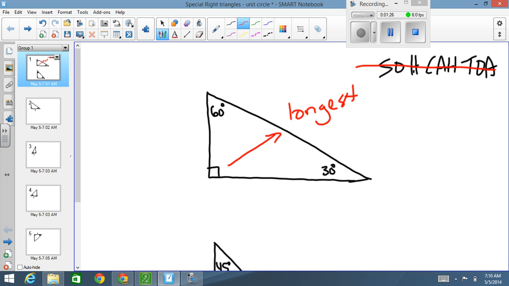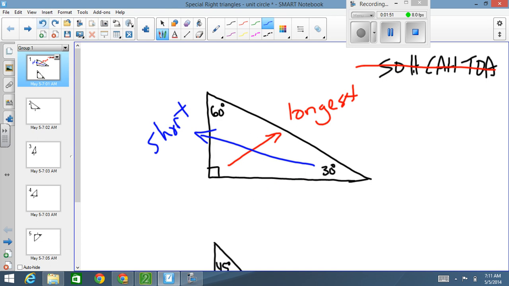The shortest side is always opposite the smallest angle. In this case, 30 degrees is the smallest angle. So the shortest side is going to be across from the 30, and that leaves the middle length side to be across from the 60. And that's important to note as we go through these, okay?